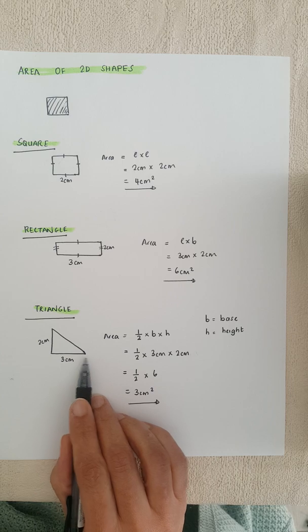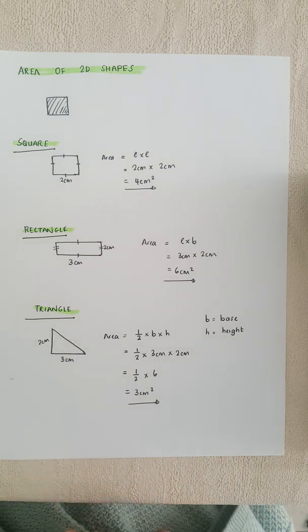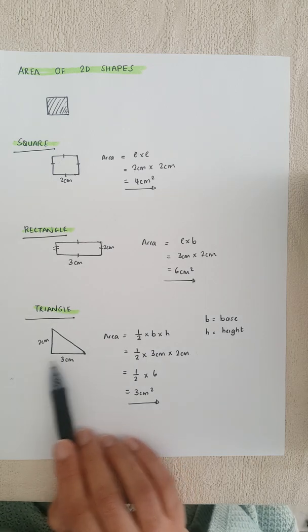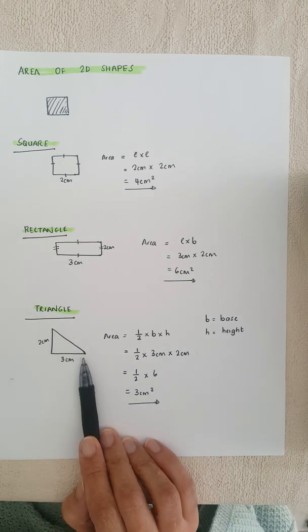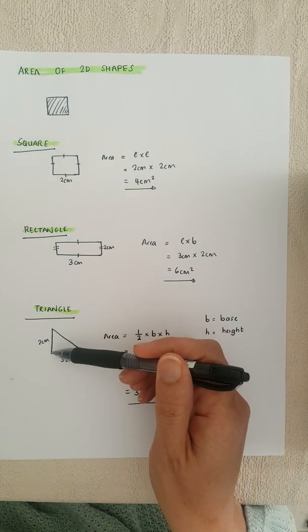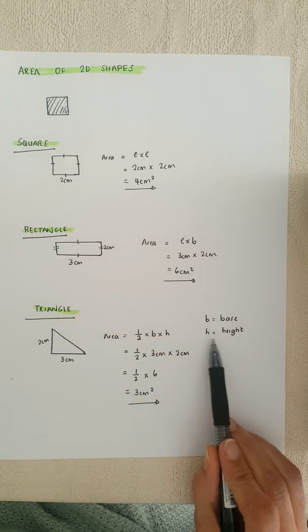It's the bottom part of the triangle, the flat surface at the bottom, even if I show you a picture that's turned around. And the height is this 2 centimeters here that's going up from the base. That is called the height, and we write it as h.